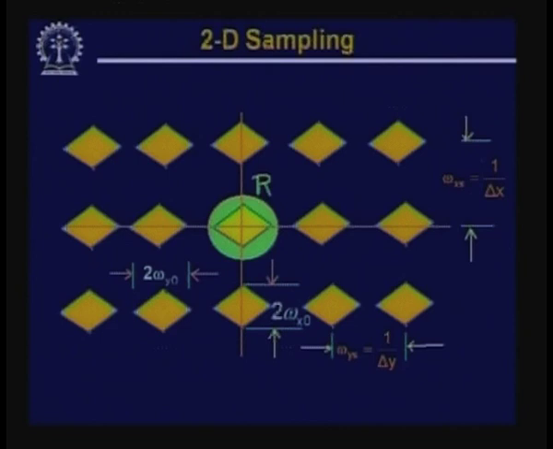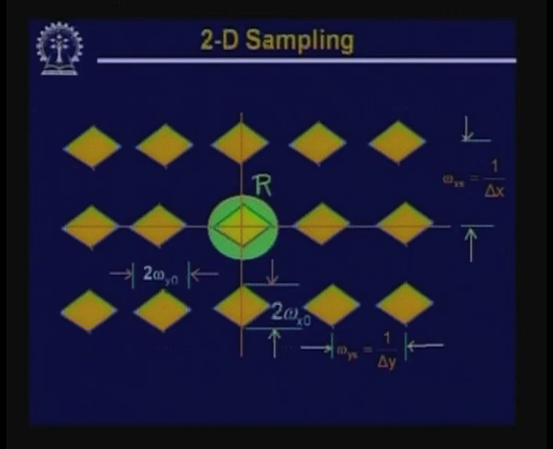Along the y direction and along the x direction the spectrum gets replicated, and the spacing between two subsequent frequency bands along the x direction is omega x s, which is 1 upon delta x, and along the y direction the spacing is 1 upon delta y, which is omega y s, the sampling frequency along the y direction.